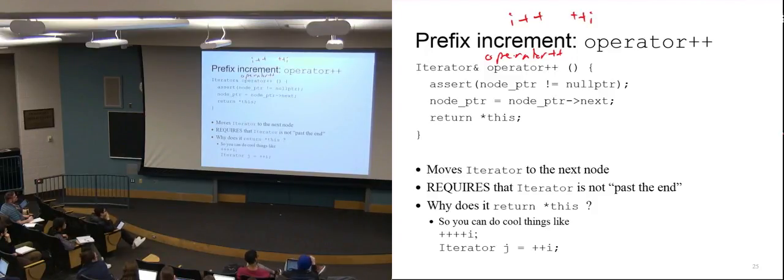This is a disgusting answer. Are you ready? A dummy input. It's an input that's never used, ever. The only reason it's there is to tell the difference between the two. It's horrifying. And it's part of the C++ standard library.